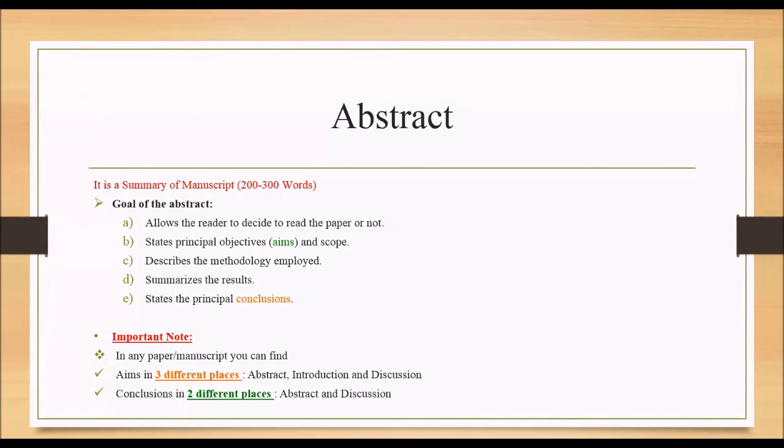Then you summarize the results, only 2-3 sentences, and then you put the principal conclusion. Yes, and then this is the abstract. It's like a summary of the manuscript. Then an introduction is like a literature review. It's when you start with a broad idea, then you narrow it down.